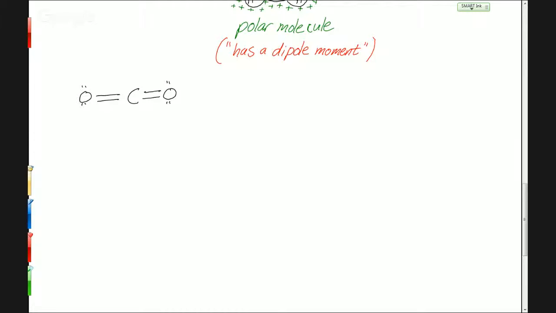We still look at the electronegativity difference to figure out the polarity. So do you expect there to be a significant electronegativity difference between carbon and oxygen? If you look at the periodic table, is one of them more to the right of the other or above the other? It's more to the right. So we can probably say, yeah, oxygen and carbon, that should be a polar bond. That would be our guess.